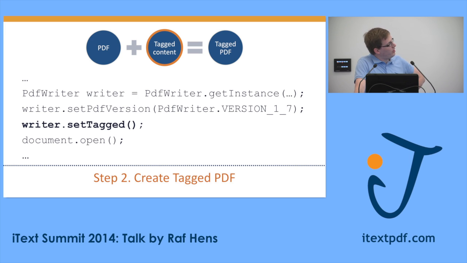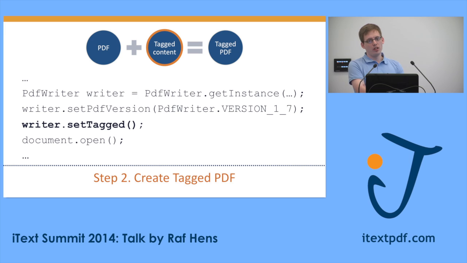And we can do this in such a simple way because iText is capable of inferring a lot of information from the high-level building blocks that we're using. So if we are using high-level building blocks in iText like paragraphs, like tables, like list items, then iText already has a lot of information about these items. It also knows, by order in the iText code, in which order you are adding these high-level elements.